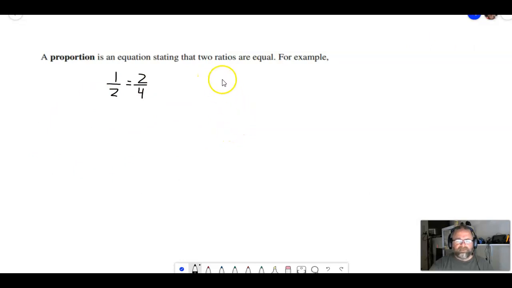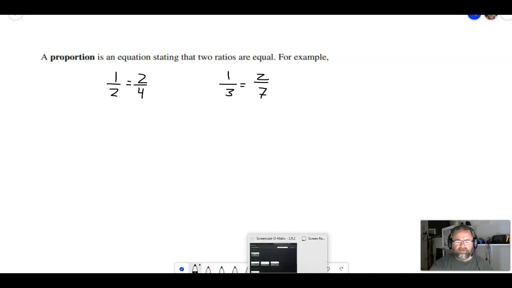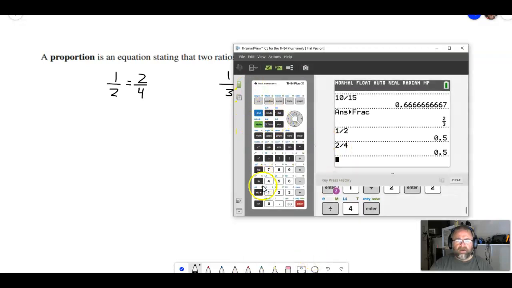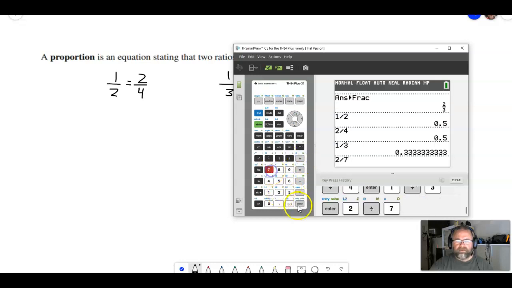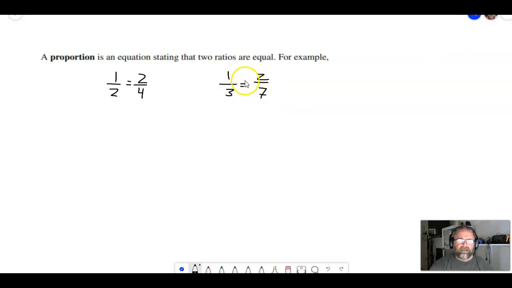Let's take a look at one that's not. Let's say I have 1/3 is equal to 2 over 7. Well, if I did the same thing with my calculator here, 1 over 3 is equal to 0.333, and then the other one, 2 over 7, is 0.28. These two are not the same, therefore this is not a proportion.